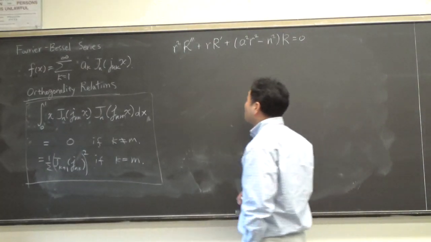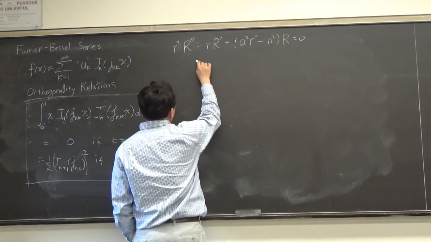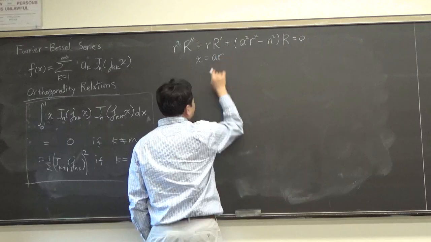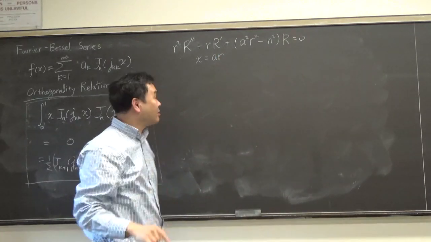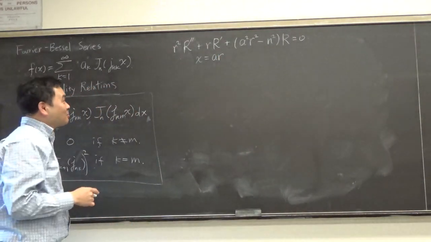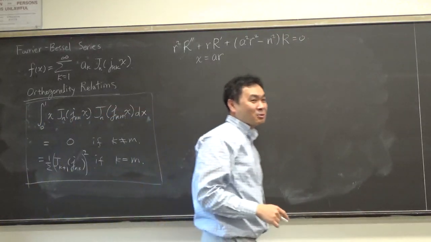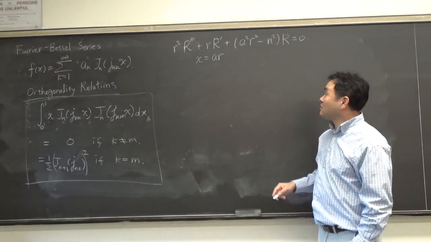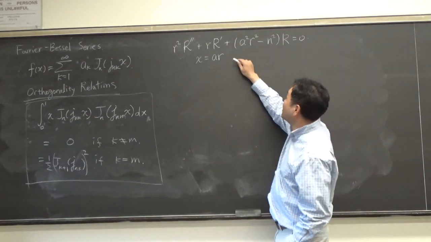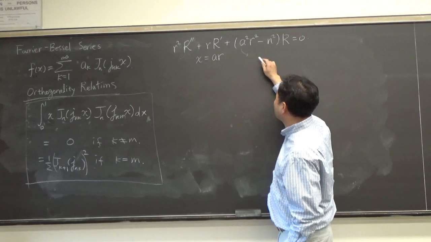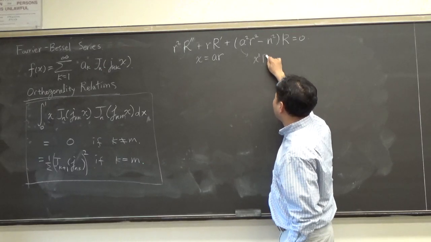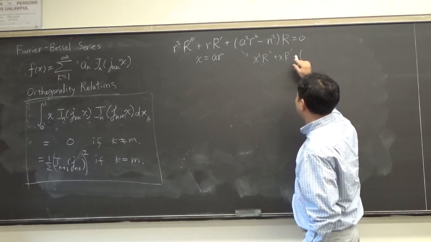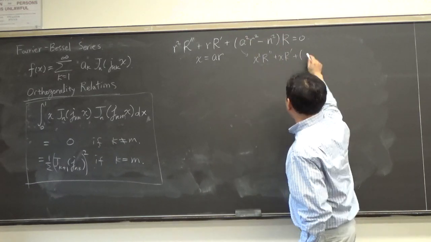And then what we did was a change of variables with x equals a times r. In the notes I had mu times r, but Greek letters make things look very hard, so I'm just using a. It's easier, right? So if you do that, this equation turns into x squared R double prime plus x R prime plus, basically the a gets absorbed.